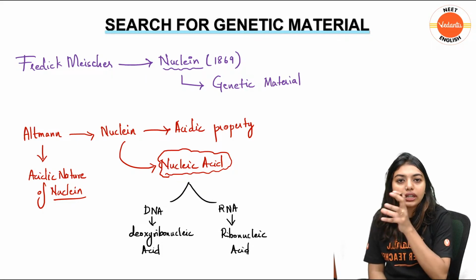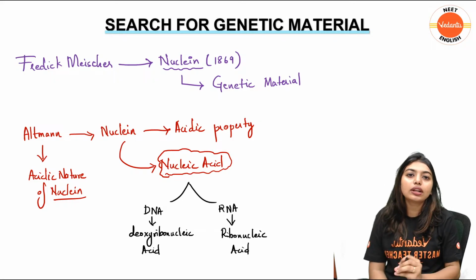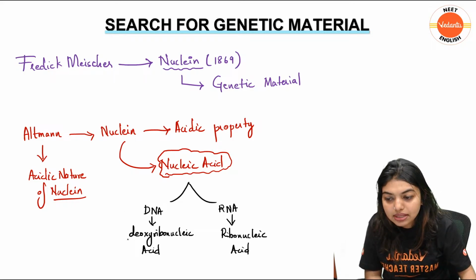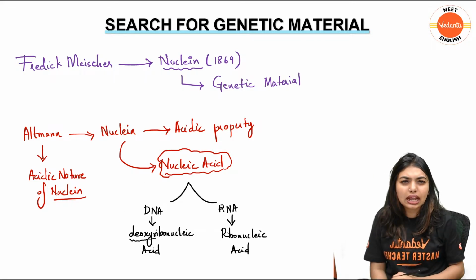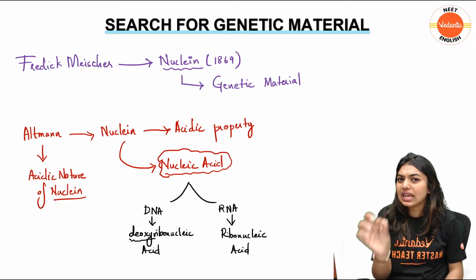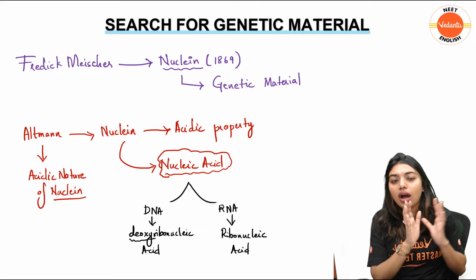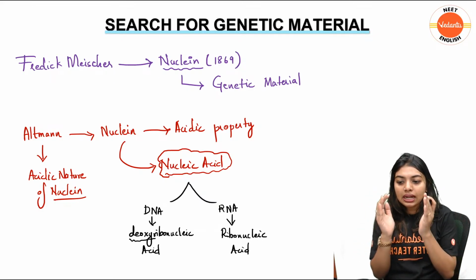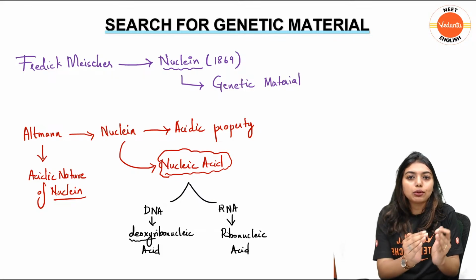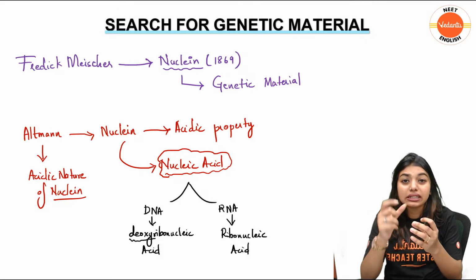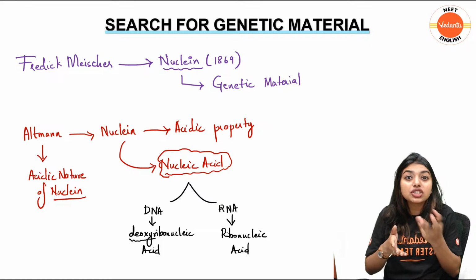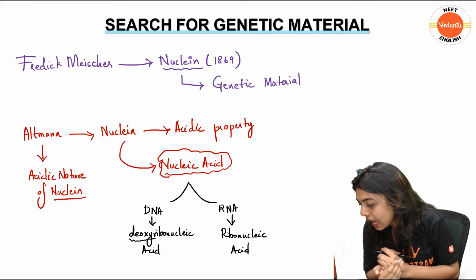So DNA is called deoxyribonucleic acid. RNA is called ribonucleic acid. From the name itself, you can see deoxy, that means one oxygen is less compared to RNA. Simple. DNA, deoxyribonucleic acid. What is absent? Oxygen is absent, right?